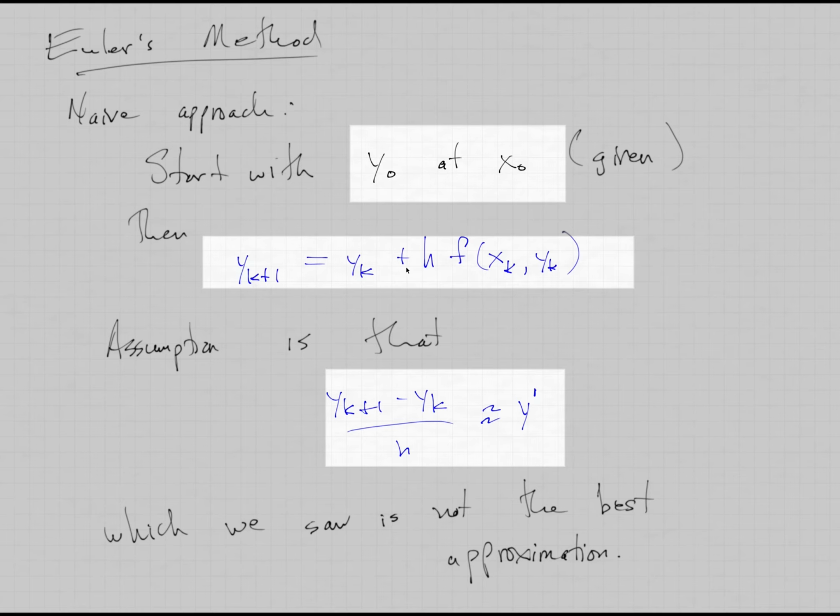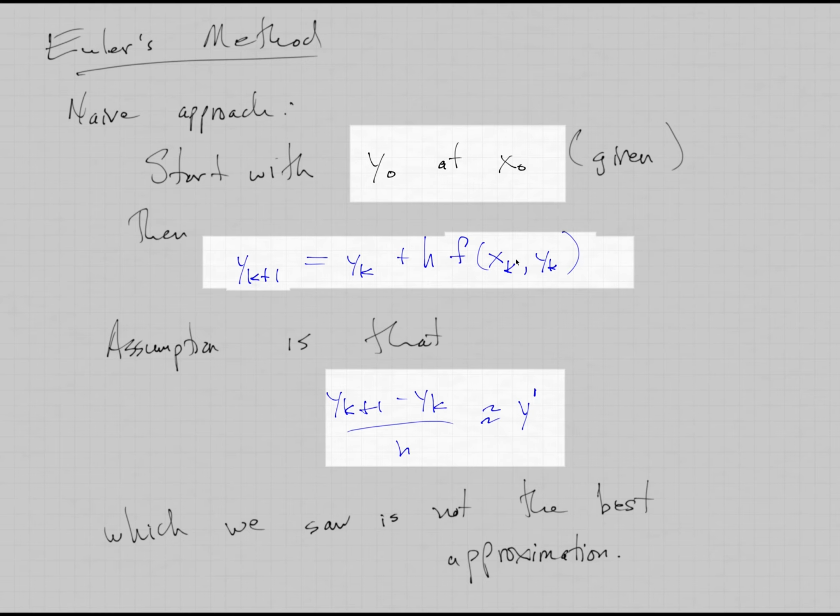To go from yk to yk plus 1, you take the value at yk, and you multiply by what the formula f gives you for the derivative. You evaluate it at xk, yk, the two current values, multiply by h, and that gives you an estimate for what the next y should be.